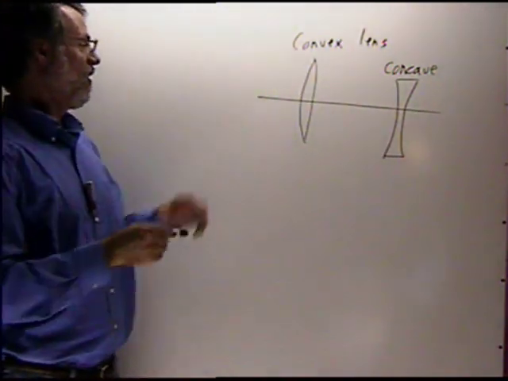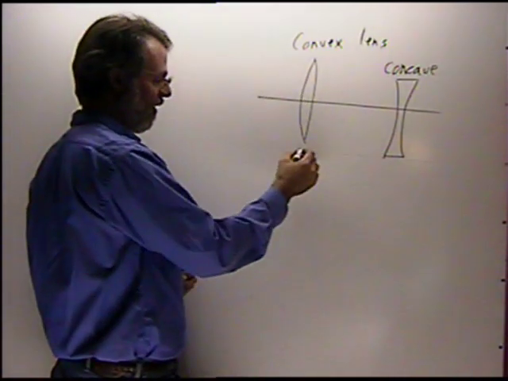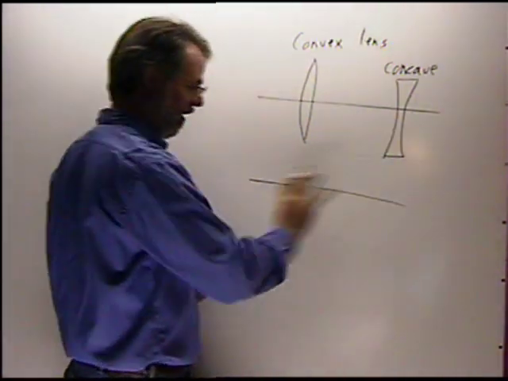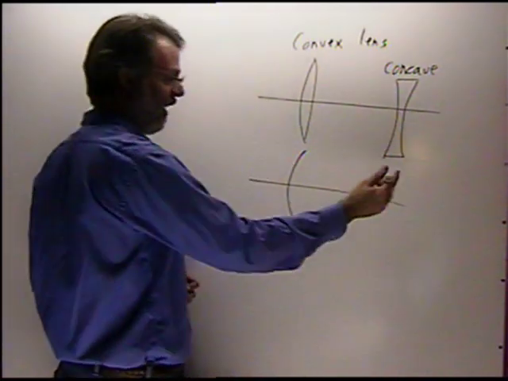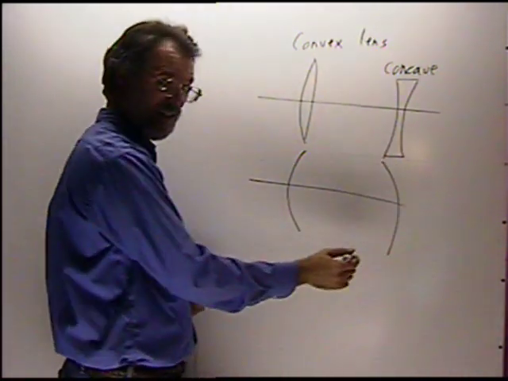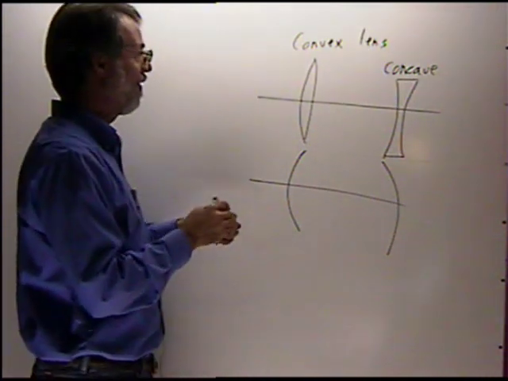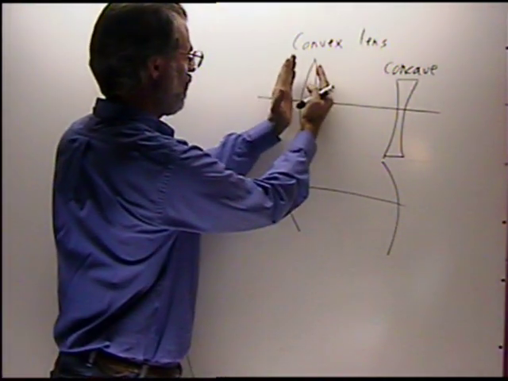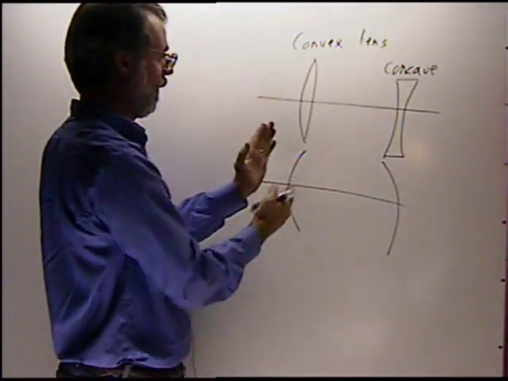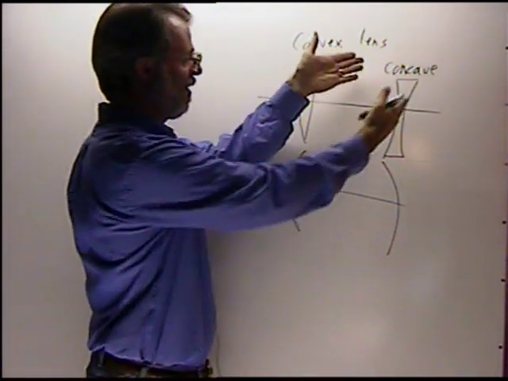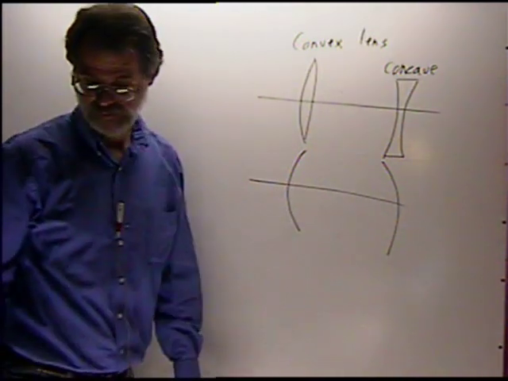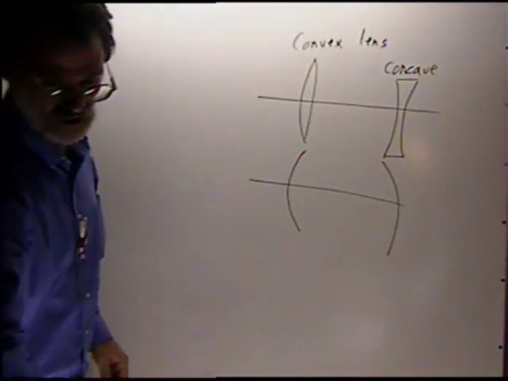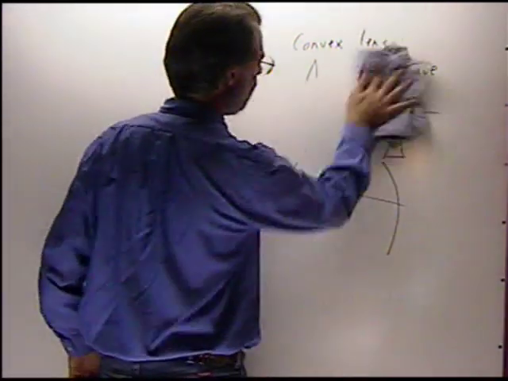Just like a convex mirror looks like this, and a concave mirror looks like this, the convex lens has that shape on both sides. The concave lens has that curving-in shape on both sides. So that's the convex and concave lenses.